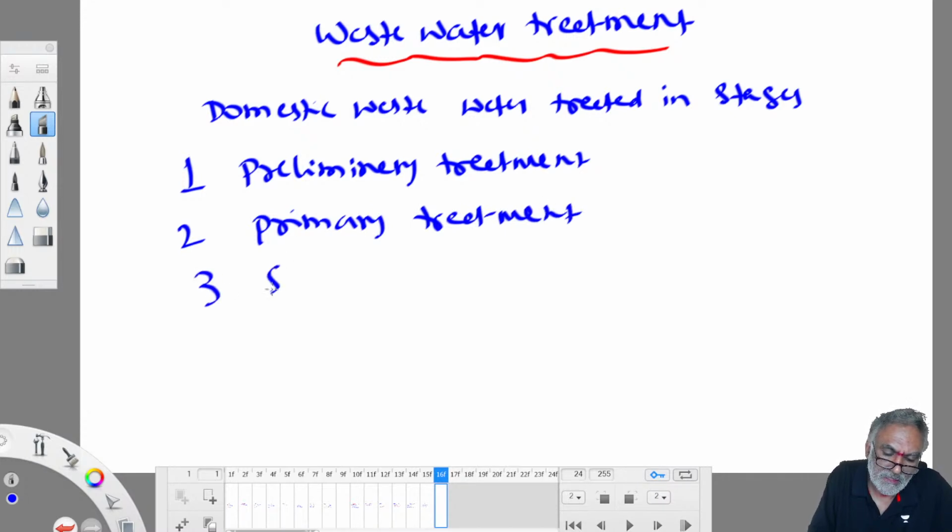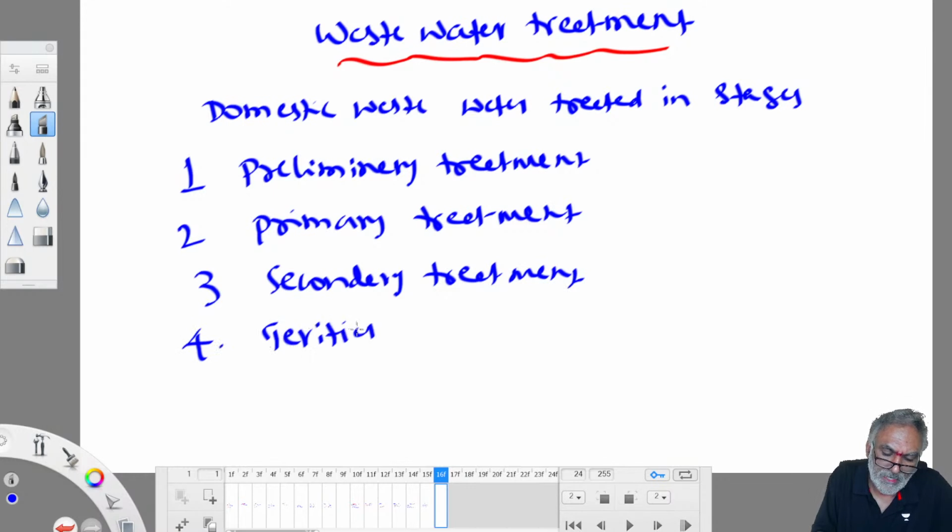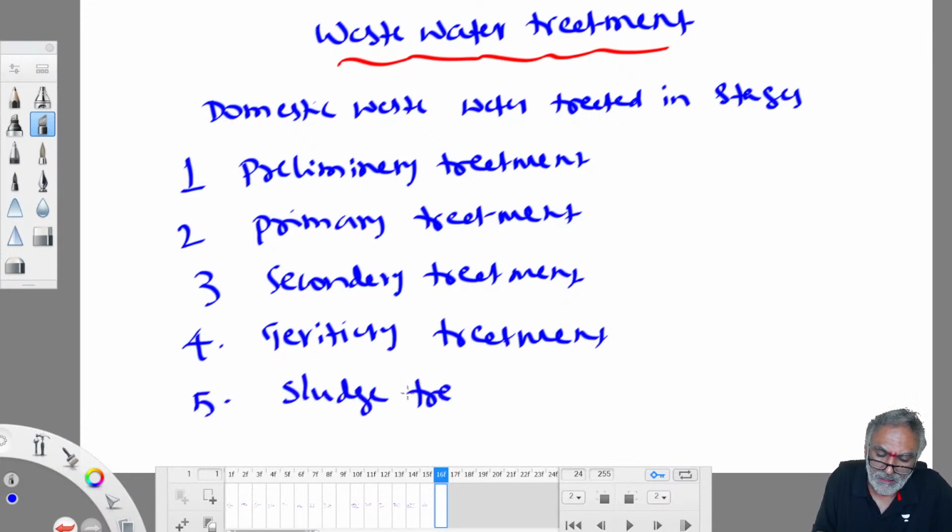Third is secondary treatment. Fourth is tertiary treatment. Fifth is sludge treatment. All put together is the total treatment of wastewater.